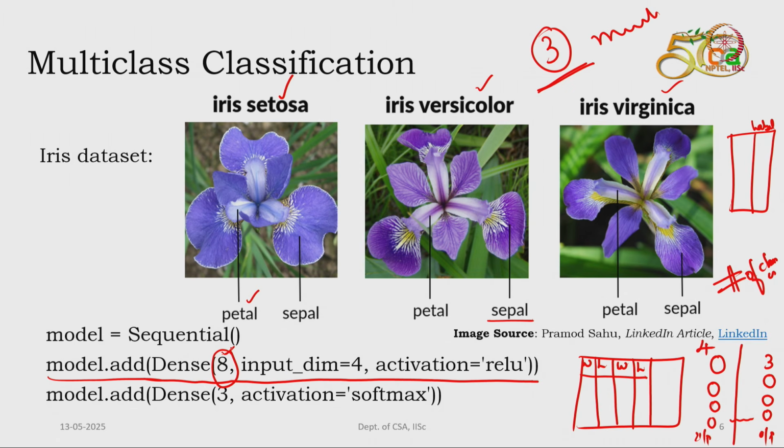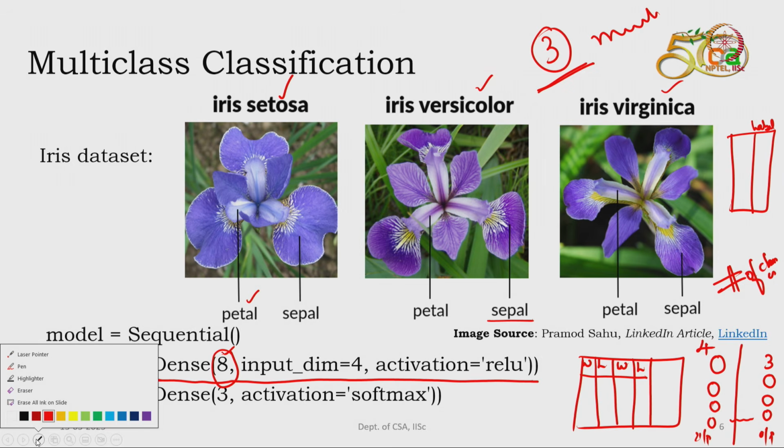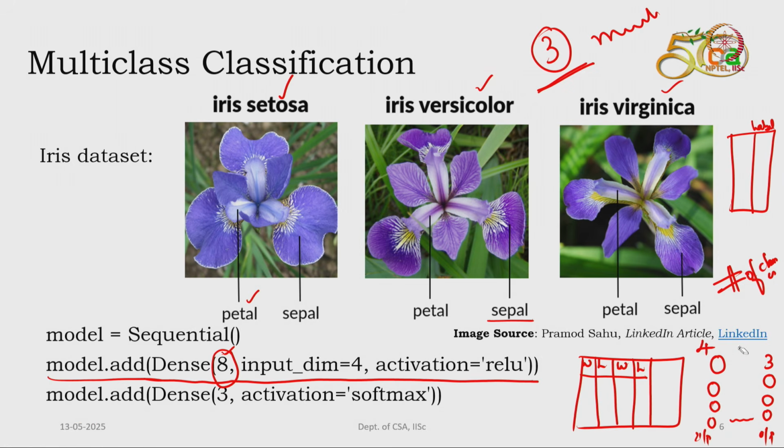So, to this hidden layer there are a total of 8 neurons. Now, to this, what is the input that you are passing?